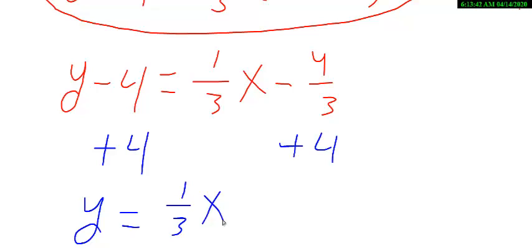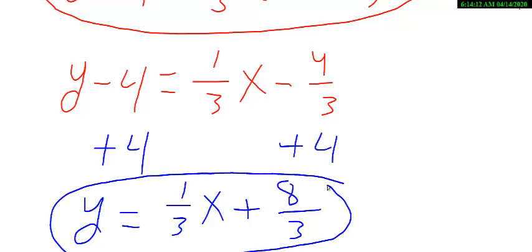The result will be 8 over 3, so this is how to simplify the expression, which gives me the equation of the line perpendicular to the given line.